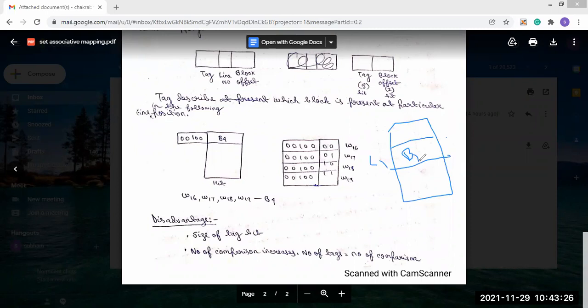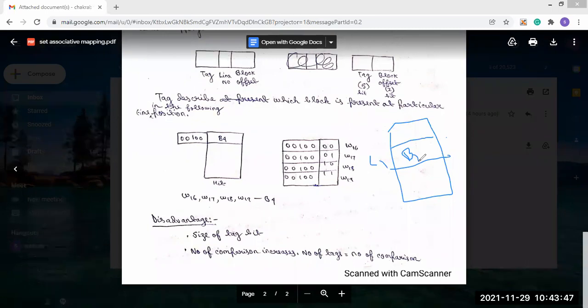So instead of checking one line, the CPU has to check 4 lines, where the block number 1 may be present. So instead of one comparison, 4 comparisons should be done by the CPU.